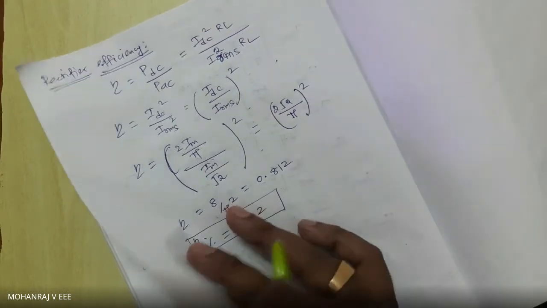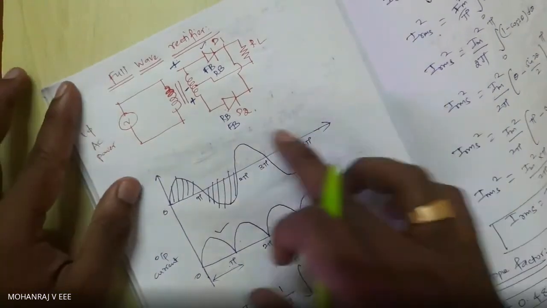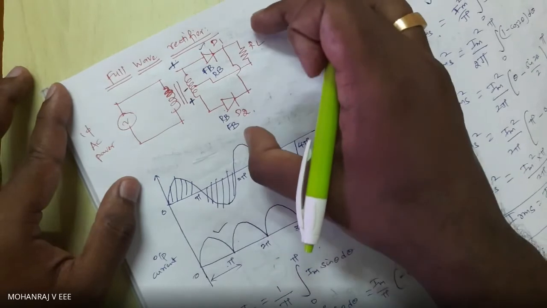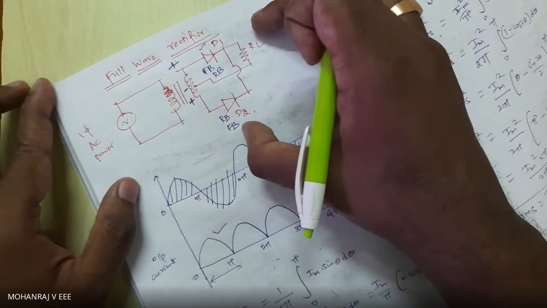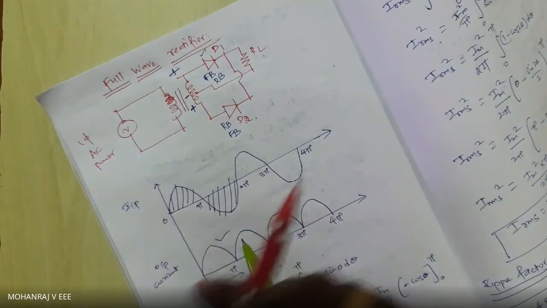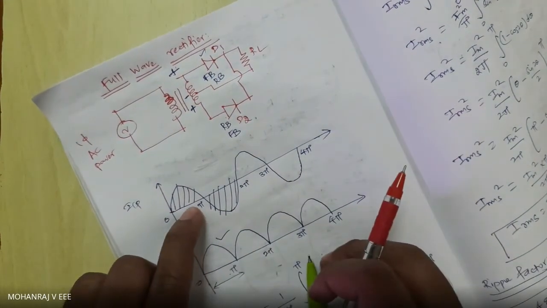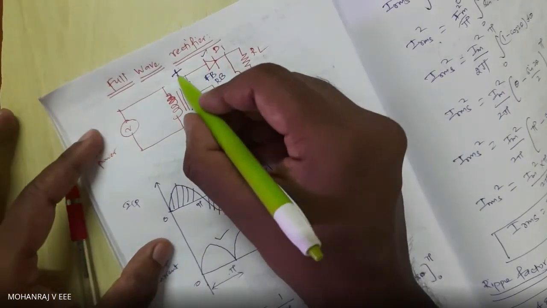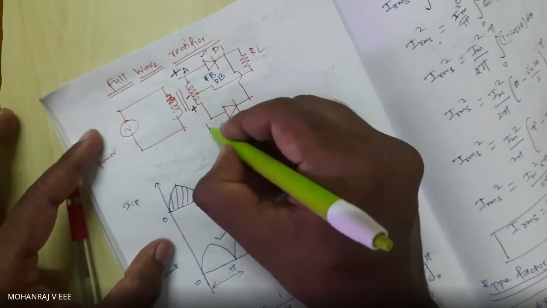Fine. Now I will repeat the operation of my full wave rectifier once again. During the positive half cycle of my input, say this is the A terminal and this is the B terminal.